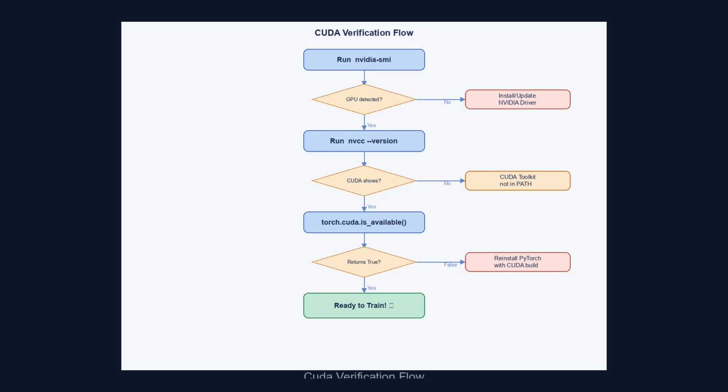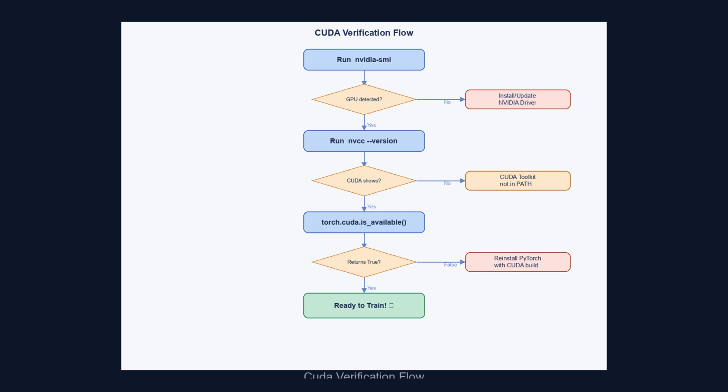This flowchart maps out the CUDA verification process as a decision tree. Start with nvidia-smi. If the GPU isn't detected, install or update your NVIDIA driver. That's the root of the tree. If the GPU is detected, run nvcc --version. If CUDA isn't found, the toolkit isn't on your path.